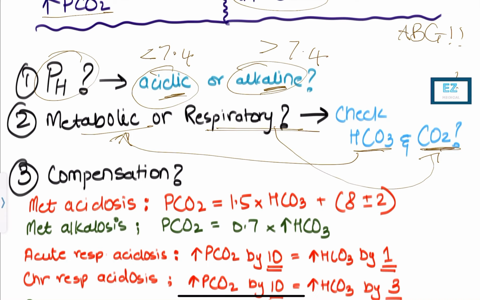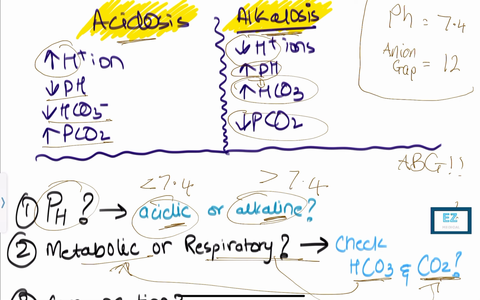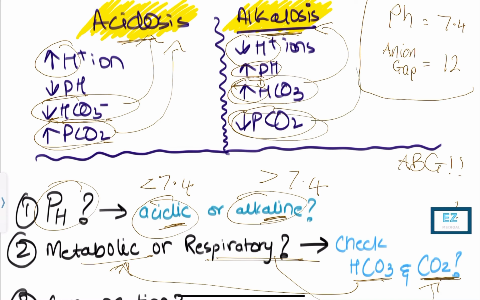And on the basis of that, if we go back up to our initial table, we see that when the bicarb is low, we have an acidosis. And when the bicarb is high, we have an alkalosis. And similarly with the CO2, when our CO2 is high, we have an acidosis. When our CO2 is low, we have an alkalosis. So this is the basics behind how we choose what a certain patient has on the ABG values.